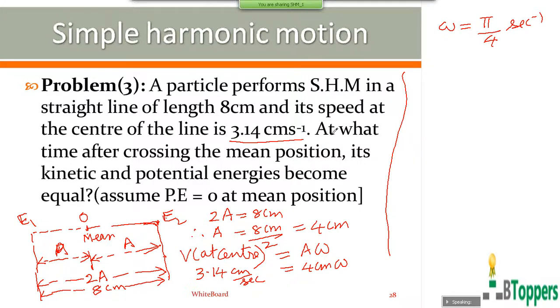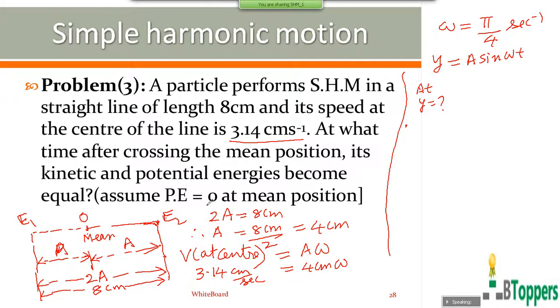If you start counting time from the instant when the particle is at the mean position and moving in the positive direction, then the displacement from the mean position at time t is given by y equal to a sin omega t. So you have to first find the value of y at the instant when kinetic and potential energies become equal.